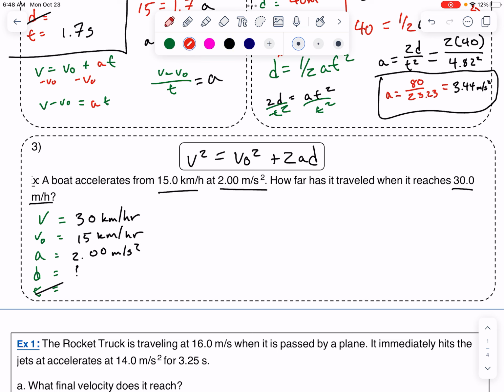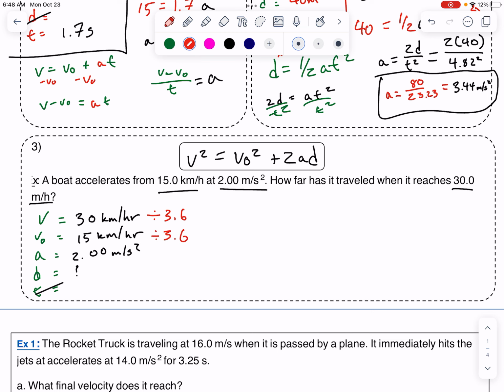We want to convert kilometers per hour back into meters per second. Now, we can do a whole lesson on dimensional analysis, but as a very quick thing that's worth memorizing, if you're converting from kilometers per hour to meters per second, all you need to do is divide by 3.6.